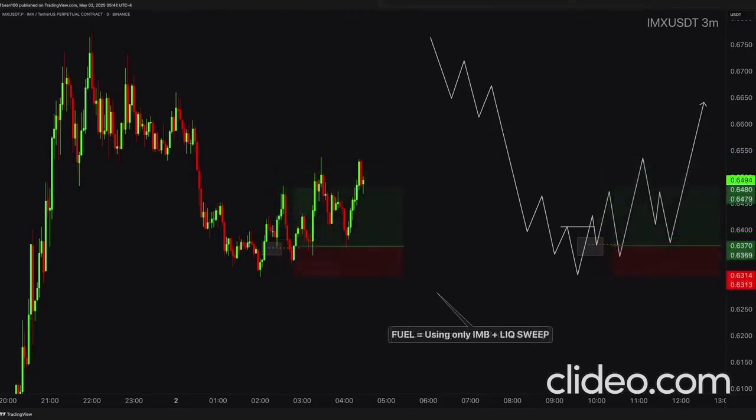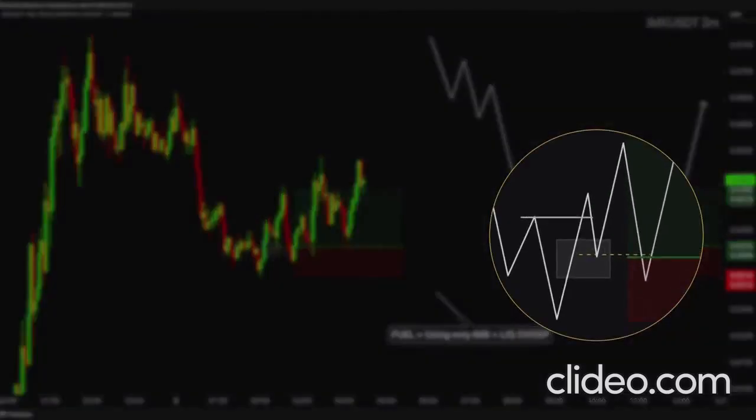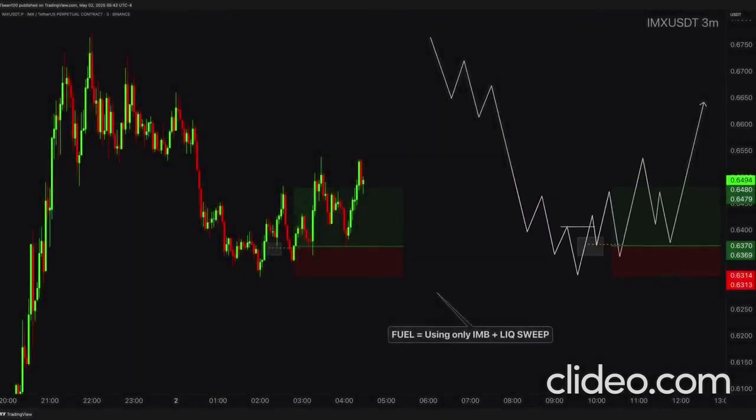The alternative way of entry is using a combination of imbalance and inner liquidity sweep, like in this example. Again, you can use a 2R setup. And this strategy can be used actually on any type of asset.